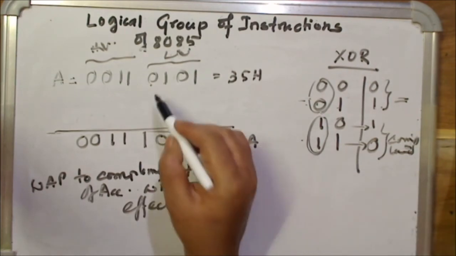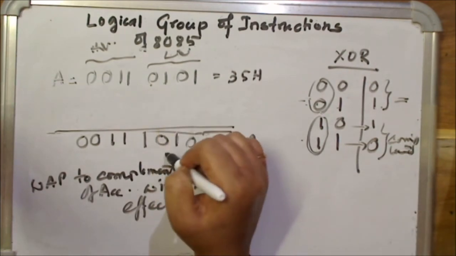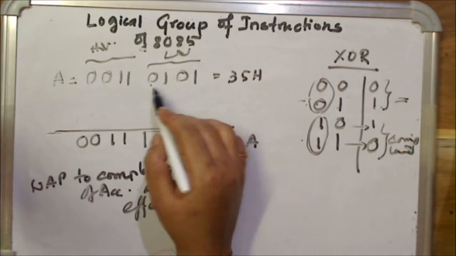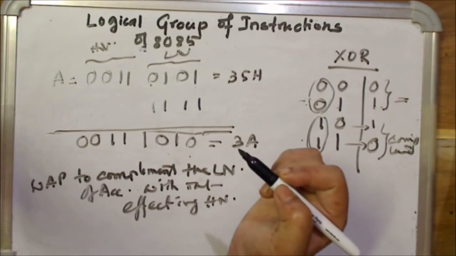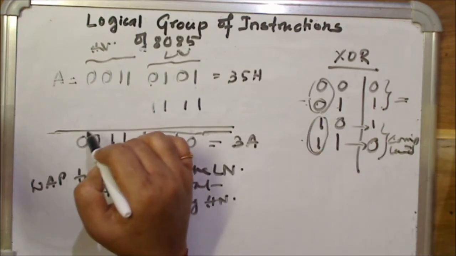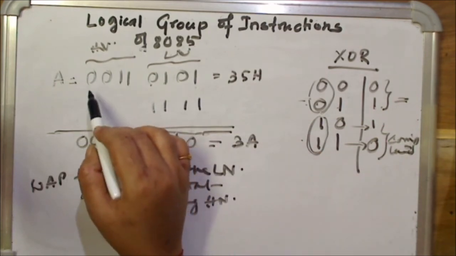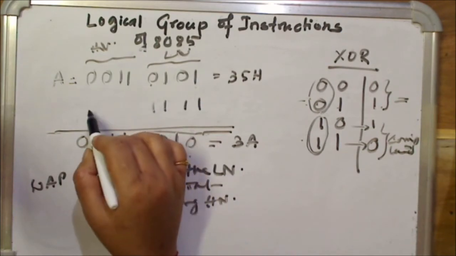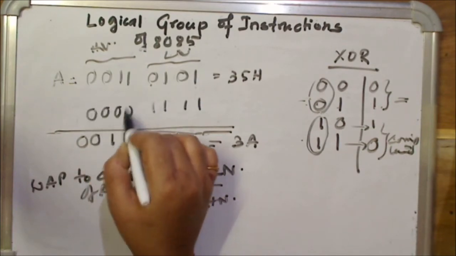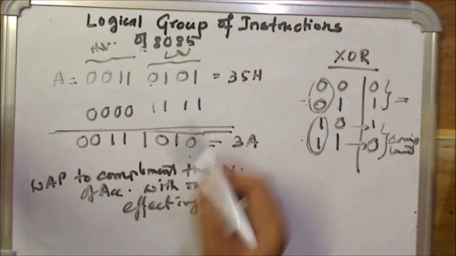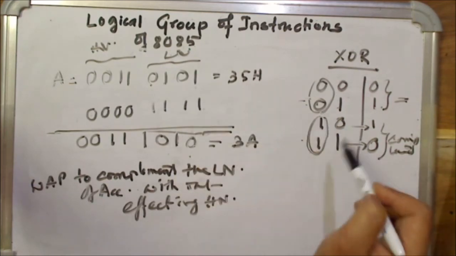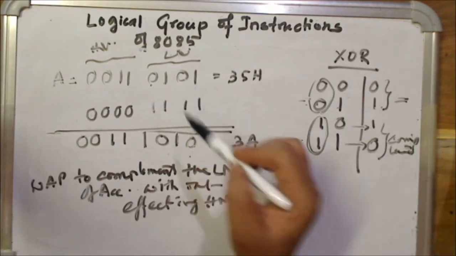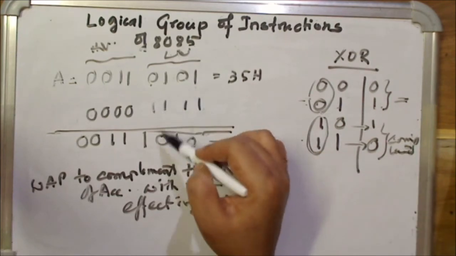So if I want the lower nibble to be complemented, what do I have to do? I have to XOR the lower nibble with 1, and if I want the higher nibble to remain unaffected, I have to XOR the higher nibble with 0. So what is our answer? 1 XOR 0 is 1, 1 XOR 0 is 1, 0 XOR 0 is 0, 0 XOR 0 is 0, and 0 XOR 1 is 1, 1 XOR 1 is 0, 0 XOR 1 is 1, 1 XOR 1 is 0.